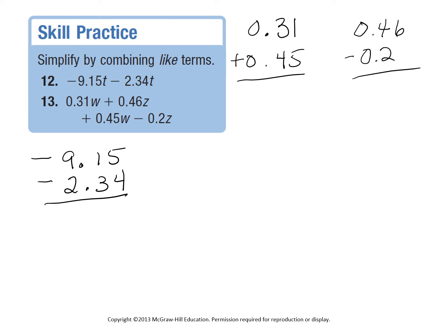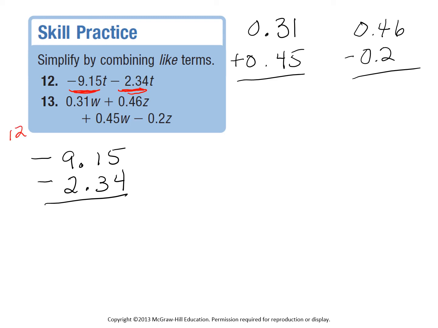Okay, and we're going to simplify by combining like terms. So for number 12, negative 9.15t minus 2.34t. We combine the coefficients and we keep the variable part.